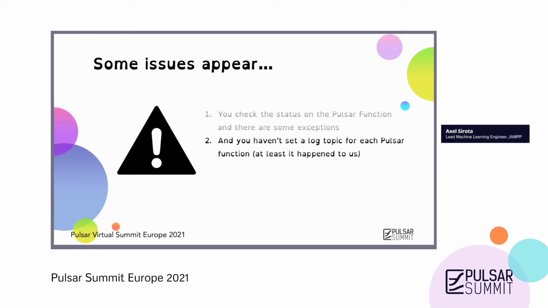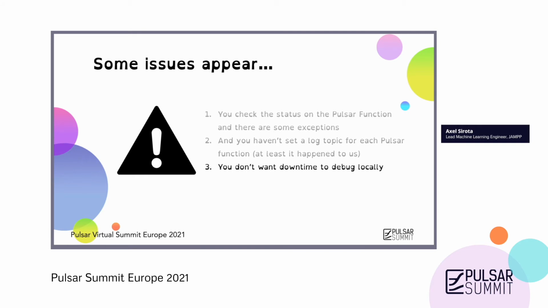We have maybe a function mesh, and on the output, we don't see a one-to-one bijection to all of the ingress topic events, and the reason is that there are some exceptions, and we don't have a log topic for each of all of the functions. Maybe we forgot, as it happened to us, or maybe it's just not feasible due to the amount of log topics that we would need.